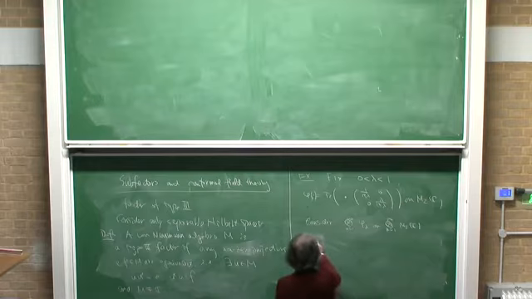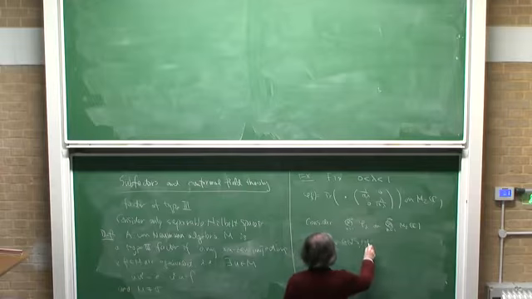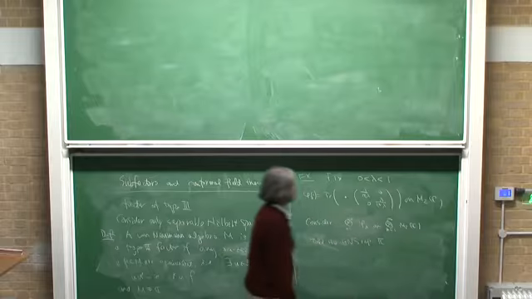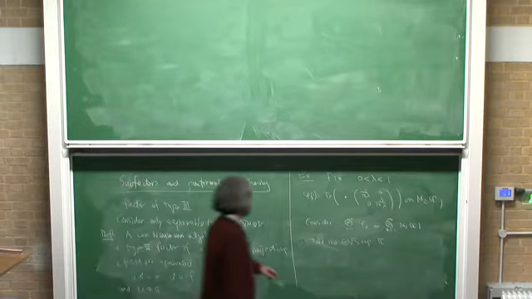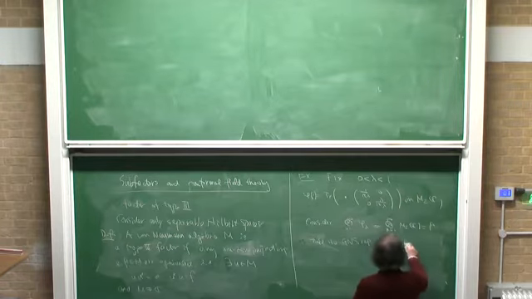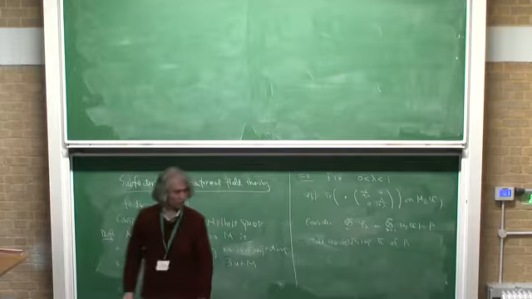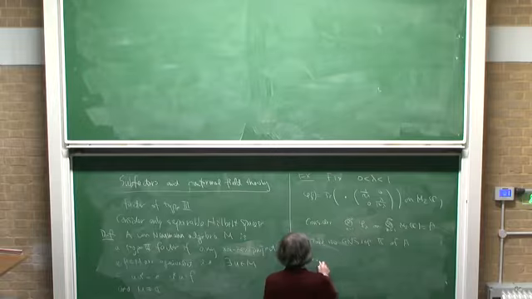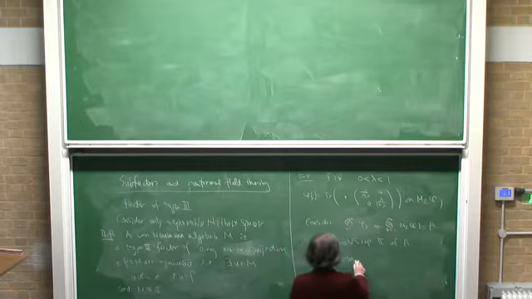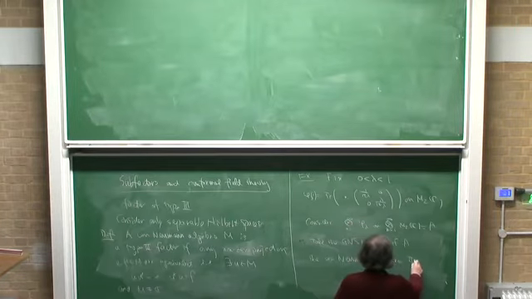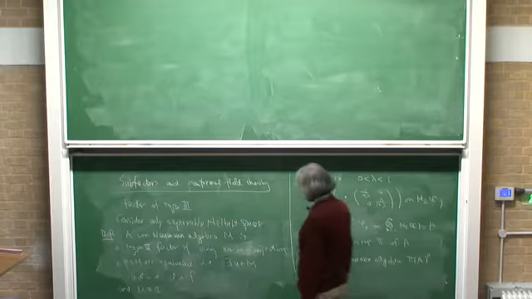Then take a GNS representation, which appeared in an earlier talk. So this is the C-star algebra A. Then we can take the algebra phi of A double commutant.